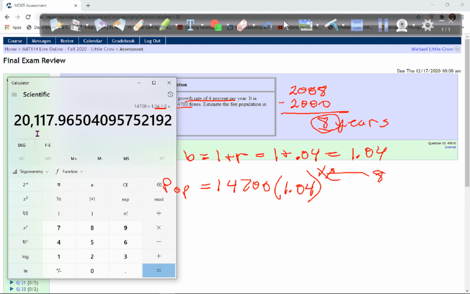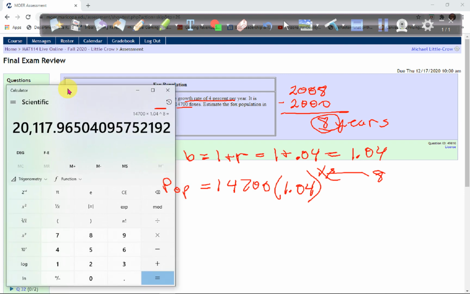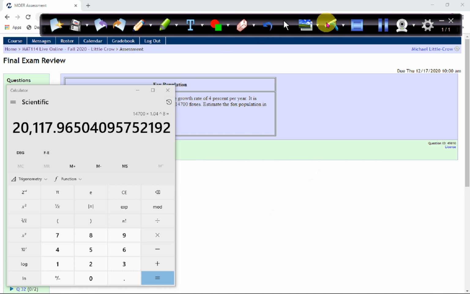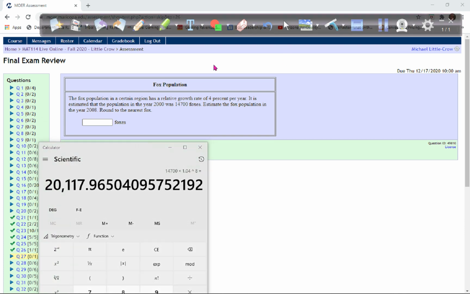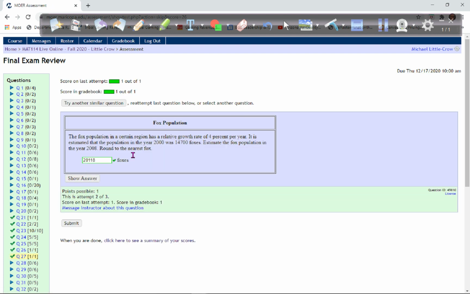So after 8 years, we should have 20,117. Probably want to round it to the nearest whole number, so we would round up, and we'll enter that as 20,118. At least I got my answer here. 20,118. And there we are. We're good. We didn't have to use decimals that time.